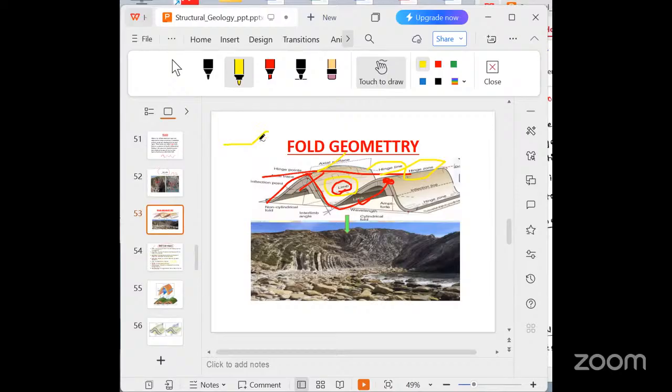That is to say, it is the point where an antiform changes into a synform on a cross section of the fold, or vice versa. So this is called the inflection point.